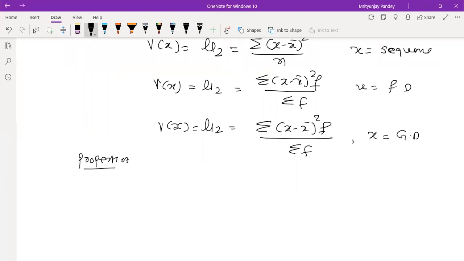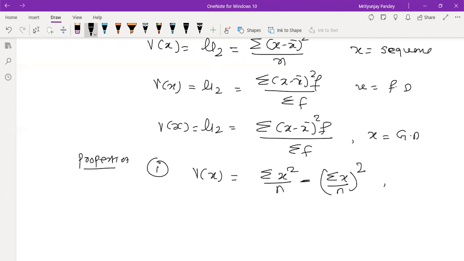The first property is summation of x square upon n minus (summation of x by n) the whole square. This property is applicable when x is a sequence.